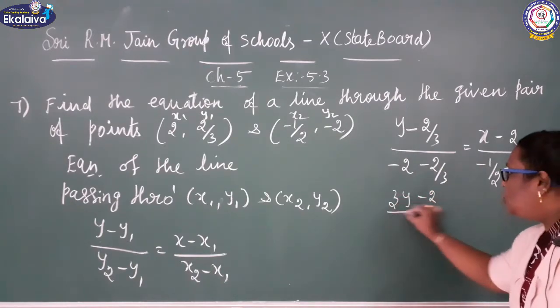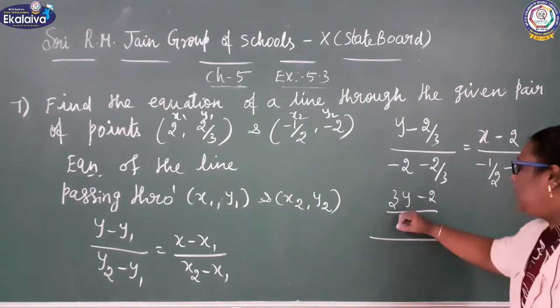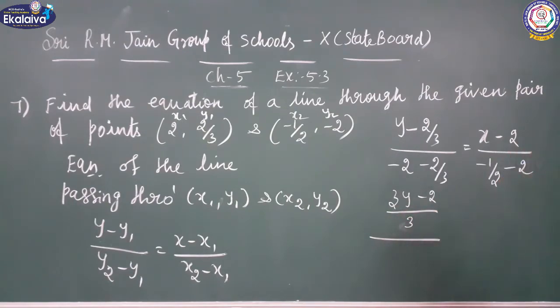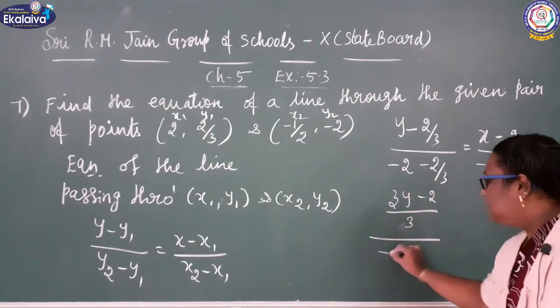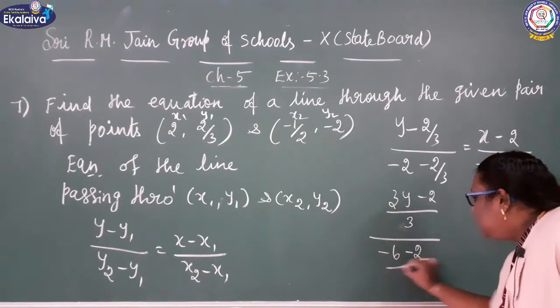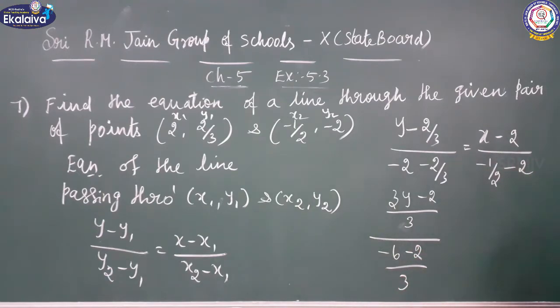3y minus 2 by 3, by minus 6 minus 2 by 3, equal to x minus 2 by, you can take 2 as the LCM, minus 1 minus 4 by 2.